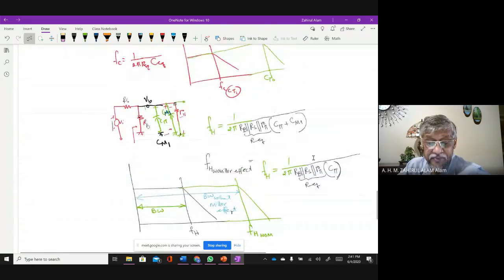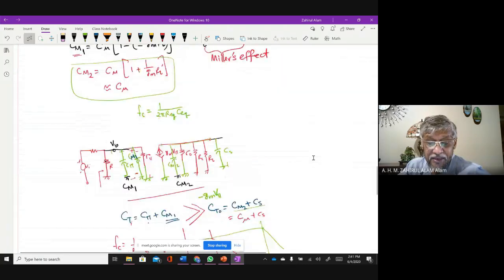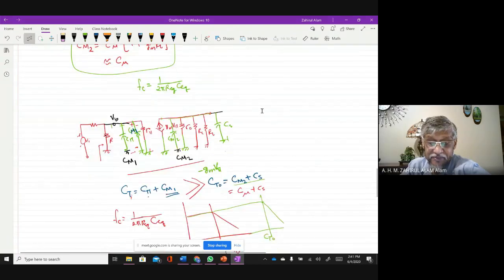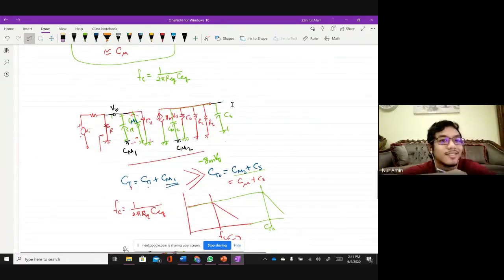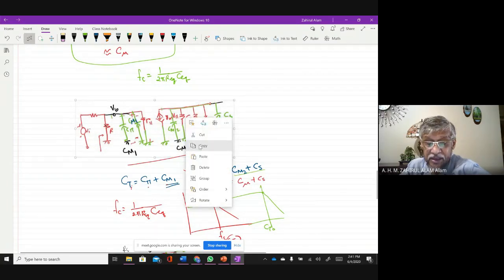So now, can you find it for the MOSFET? Can or cannot? Can. So what is the difference? I just copy this one, the transistor.